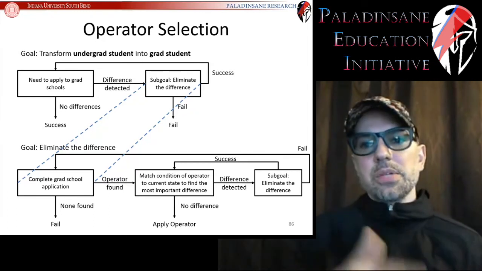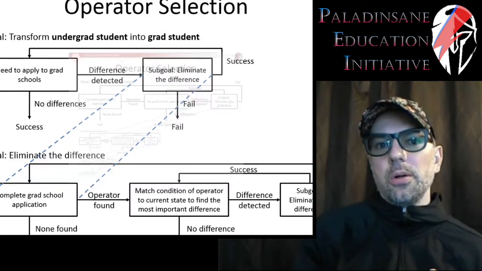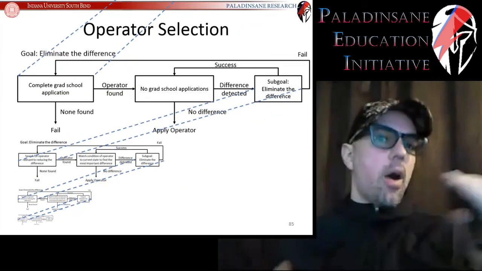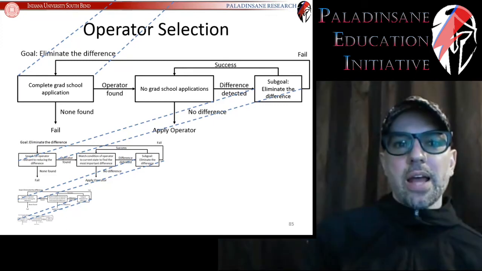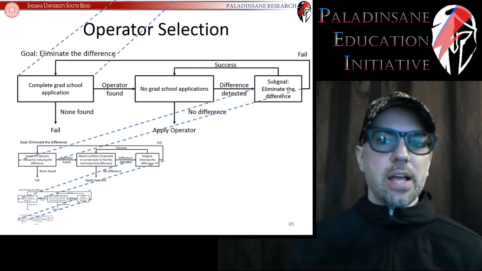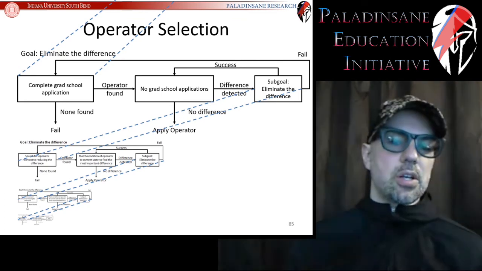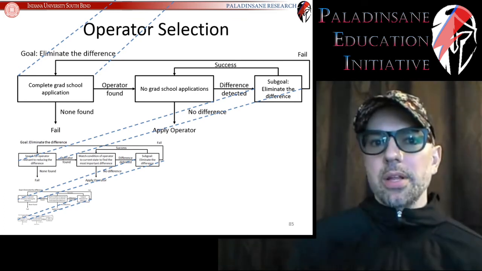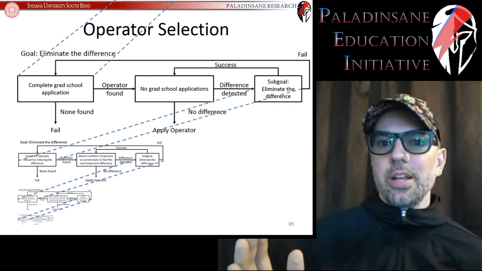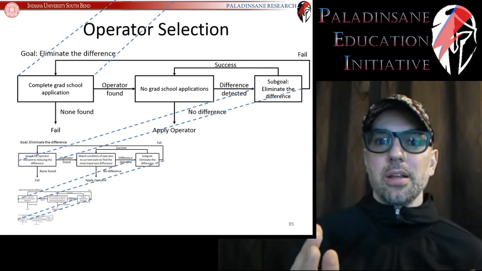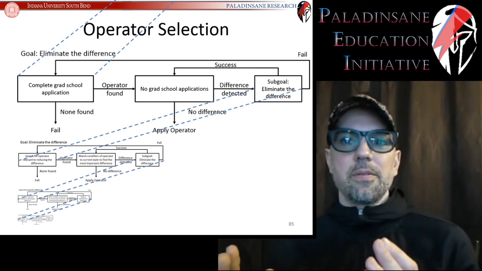Now, notice that sometimes your solution of a sub-goal might require a whole new means-end analysis. Because you might come to the grad school application, and you might say, all right, I got grad school applications. And then it says, all right, step number 1, give me your personal statement. Now you identify the new most important difference. I don't have a personal statement. So how do you eliminate that difference?